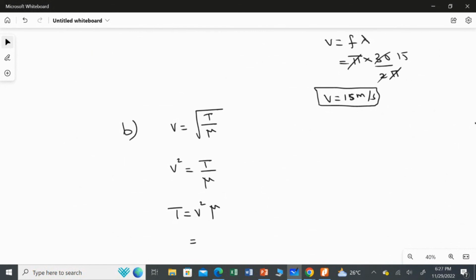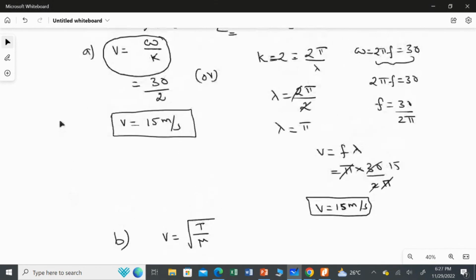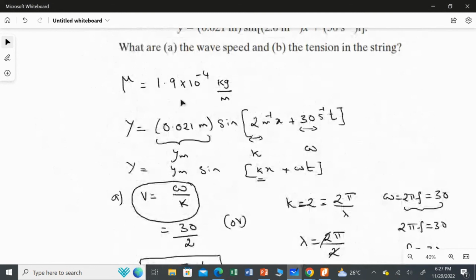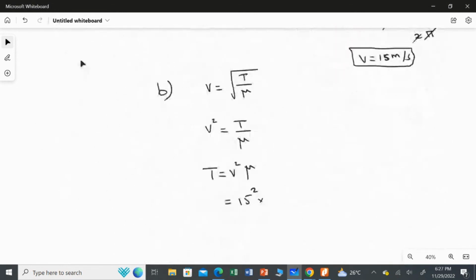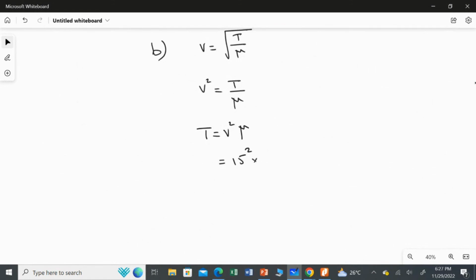v we got as 15, right? So therefore, 15 squared multiplied by the linear density. You have to go back to the question. Actually, they give the linear density as 1.9 × 10^-4. So I have to use that value. Multiply with 1.9 × 10^-4.